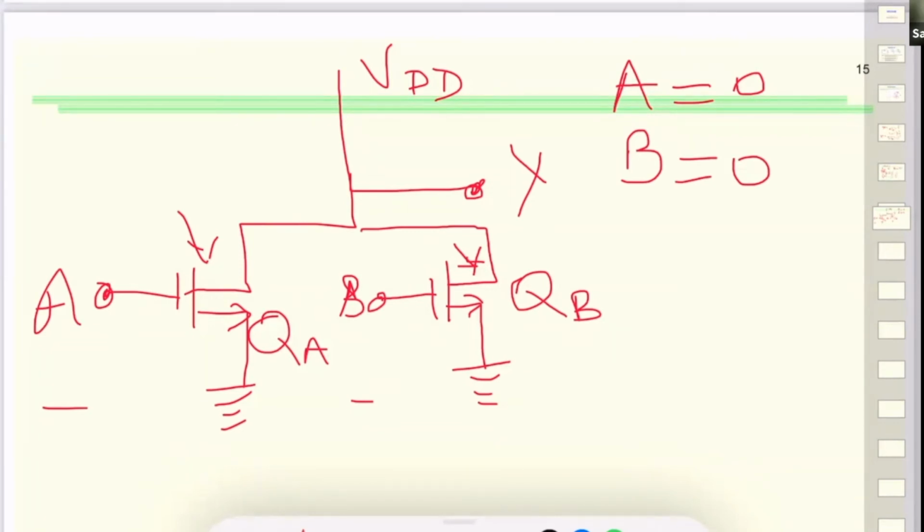Gate 0, gate low in Nmos. That means it's closed. Which is closed, right? Hold on. Nmos 0 at the gate means closed or open? Closed. I'm going very slow here. Let's go back.